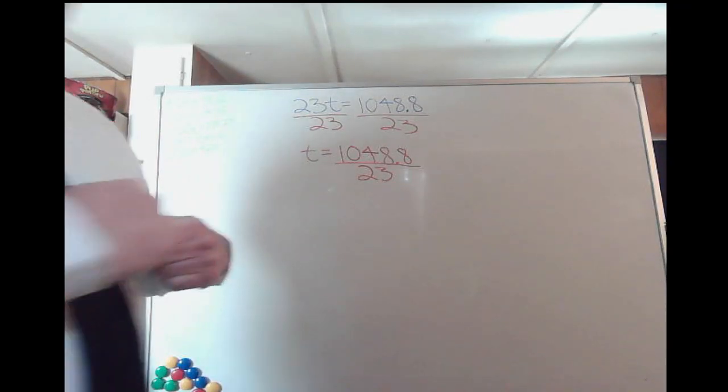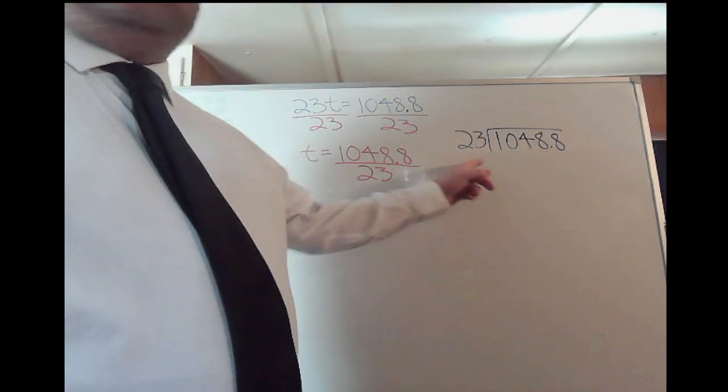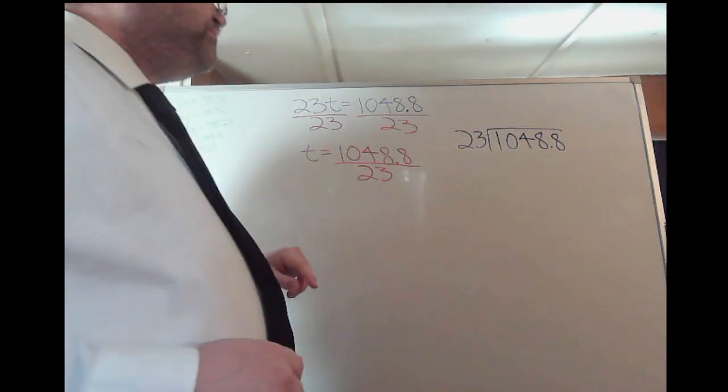So let's go ahead and do that. We'll have 1048.8 divided by 23. Well, good news is there's no decimal in the divisor, so we can go straight through and do the division.